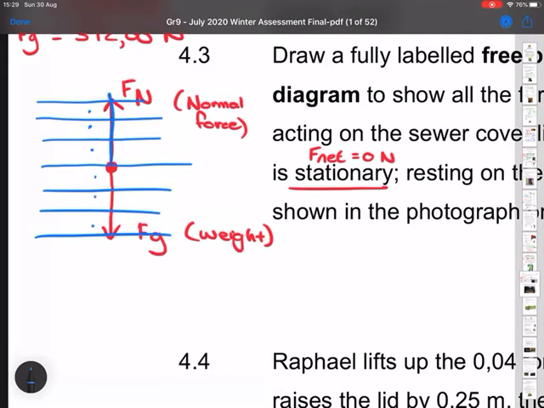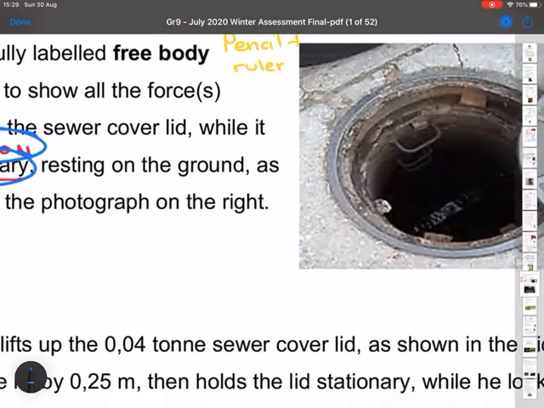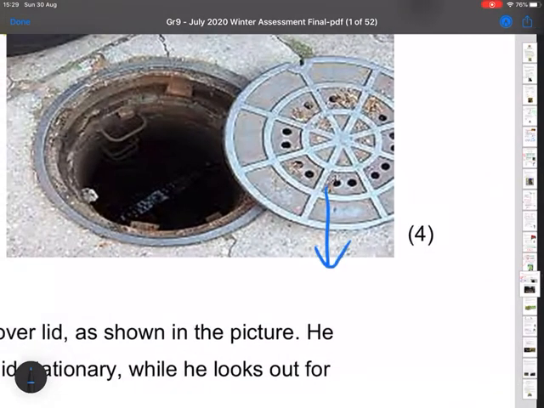So the length of the up arrow equals the length of the down arrow because F net is 0 because the object is stationary. So it's resting on the ground, it's not sinking into the ground. The ground is pushing back up on the sewer lid.